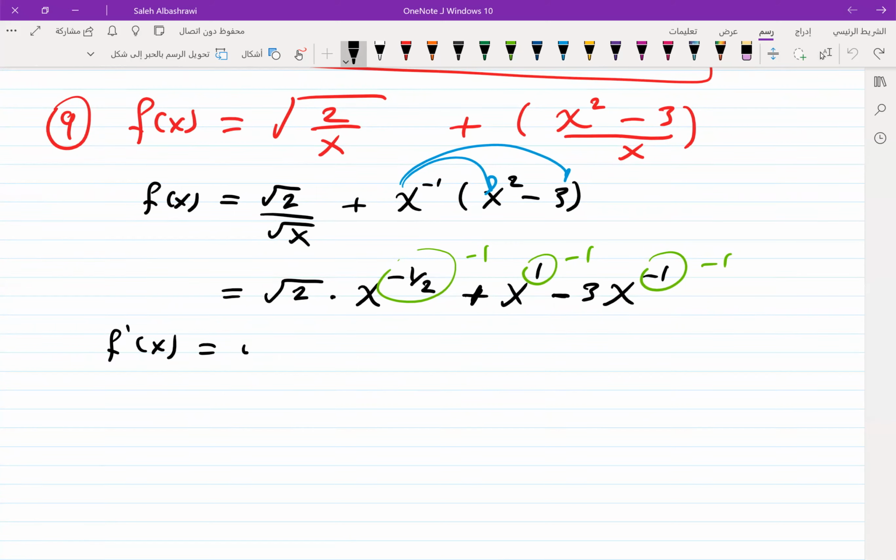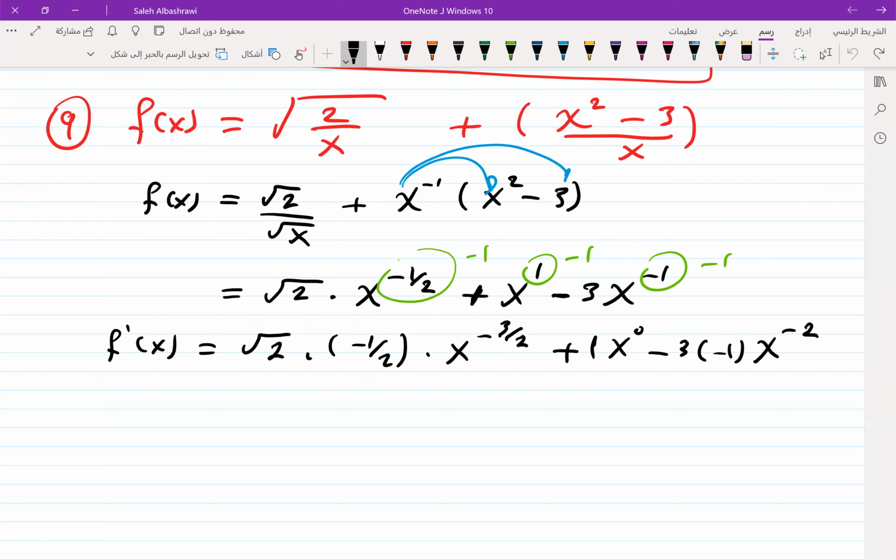So the derivative of this function now, f prime, is equal to square root of 2, keep the constant. Now multiplied by the power minus 1/2, multiplied by x to the power minus 1/2 minus 1 is equal to minus 3 over 2, plus the power is 1, x to the power 0, which is equal to 1, minus 3 multiplied by the power minus 1 multiplied by x to the power minus 1 minus 1 is minus 2.